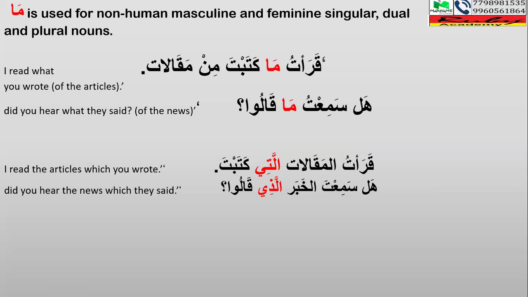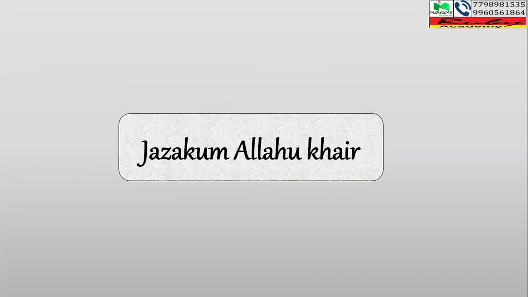And it is khabar, this is only one news. So al-khabar, in English we use the word news, but this is singular, so we use allazi here. I hope it is clear for everyone. Yes, ma'am, alhamdulillah.